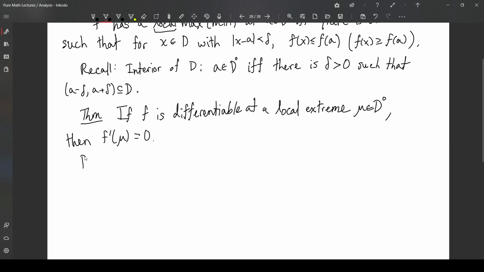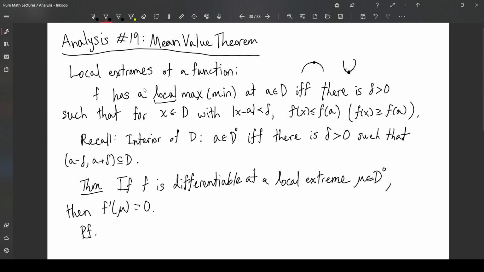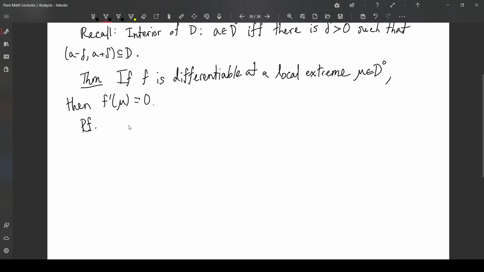You may be familiar with this result. Graphically, if you have a local maximum or a local minimum, the slope at that point is 0. The idea is just casework: one case if it's a local maximum, and one case if it's a local minimum.